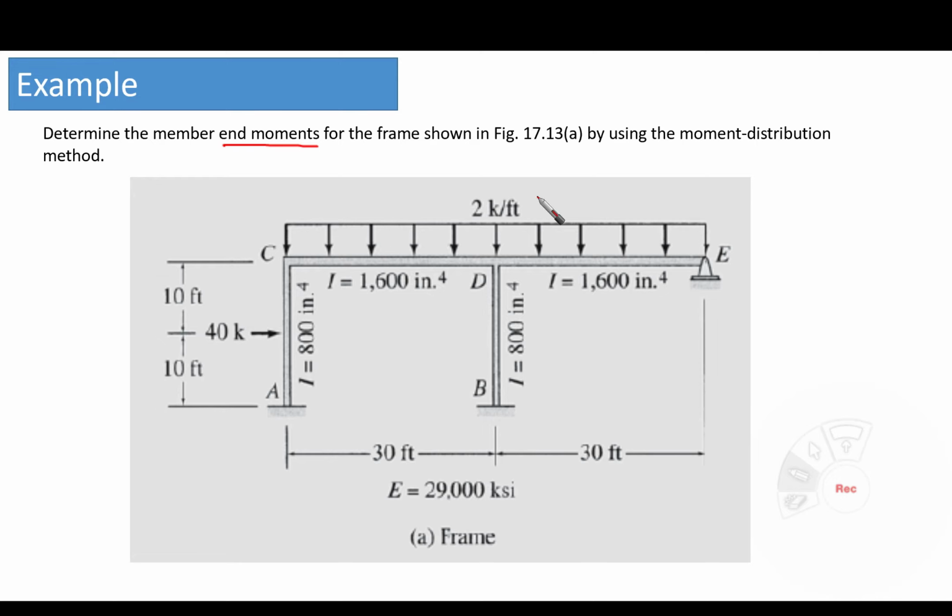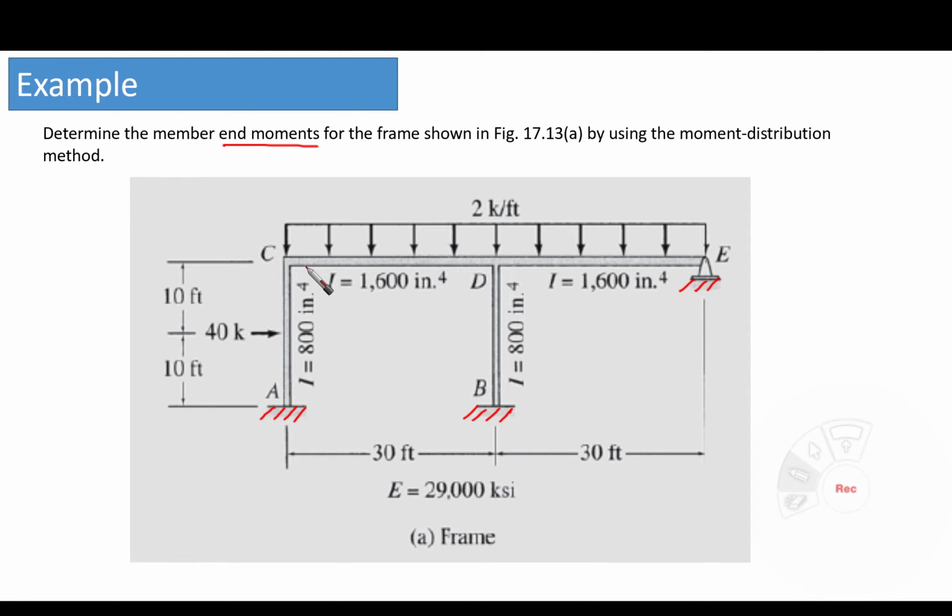So let's have a look at the geometry of this frame and the different properties given in this example. First of all, the first important thing is to look at the boundary conditions. So we have here at joint A, it is fixed, similar at joint B, it is fixed also, and at joint E, as you can see, it is hinged.